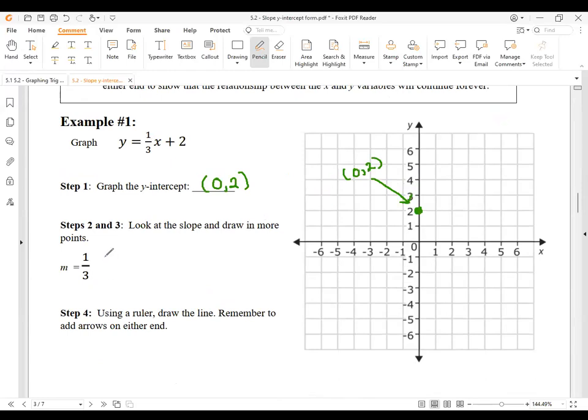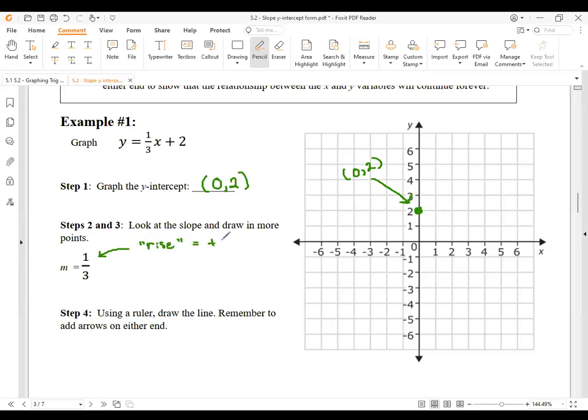Second step, look at the slope and draw in more points. What do I mean? What does 1 over 3 mean? Please, somebody from yesterday or 2 days ago, you gotta remember. What does the 1 tell you and what does the 3 tell you for a slope? Yes, this is a rise, right?